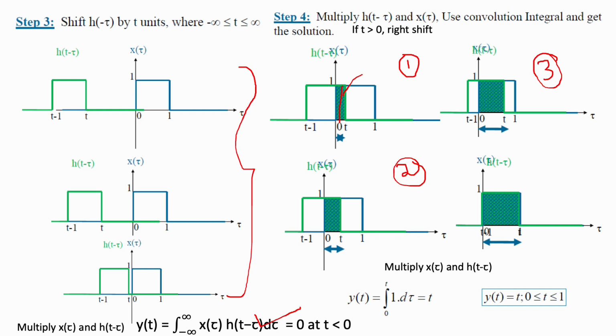Till this one, fully it is occupied. What will be the lower limit? 0. What will be the upper limit? t. What will be the amplitude? Both are 1. Now you integrate it, substitute the lower and upper limit. This will be the answer till this portion.